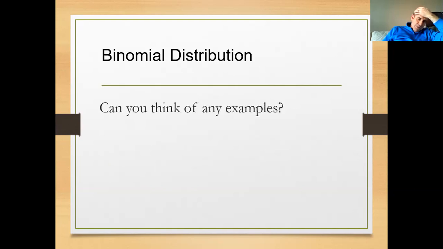Can you think of any examples? Well, I kind of gave you one. If I'm playing Trouble with my kids and I roll a die, I might consider rolling a 1 or a 6 as being a success. Then the proportion of success would be 1/3. And maybe I would be curious to know, if I roll the die 100 times, remember in the binomial case I have to know the number of trials being executed, how many successes I have.